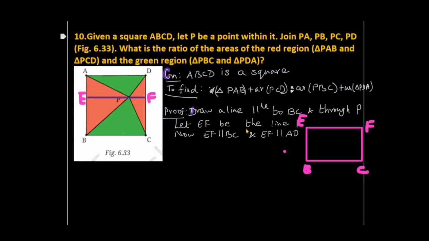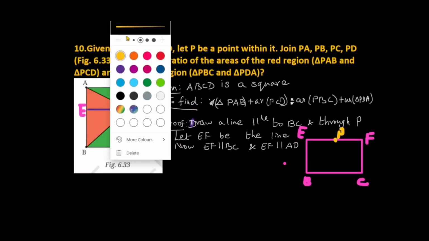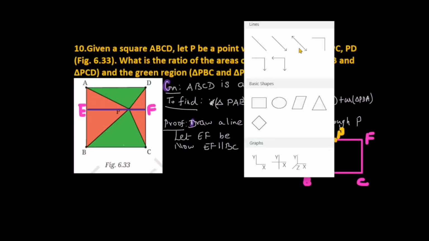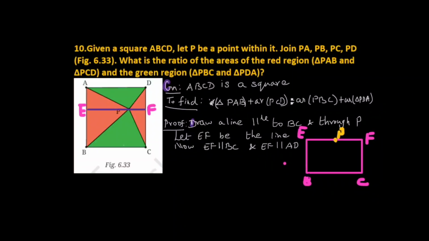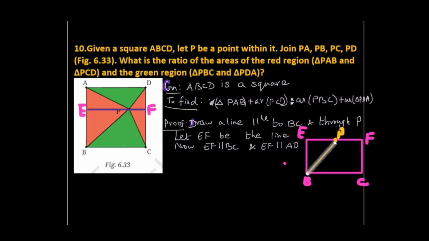Now a point P is there. When we are joining the point P, we are getting a triangle. So here, consider this portion alone. This is one green region. Two green regions are there.